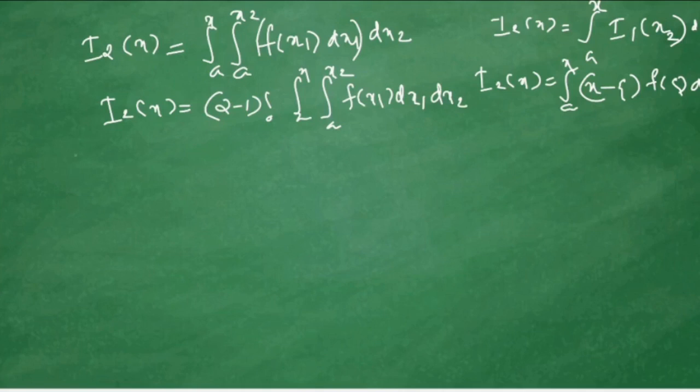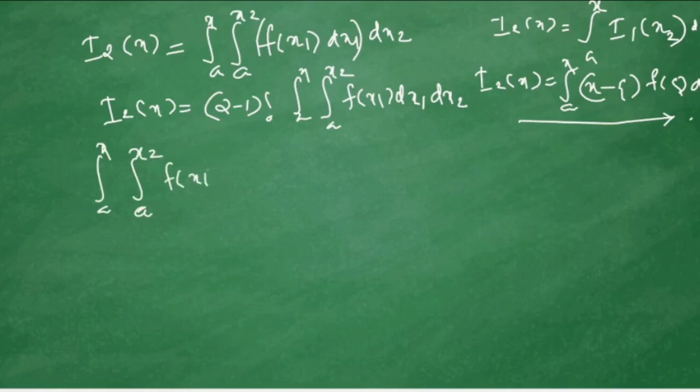Now what is I2 of x? By definition I2 of x is this one. So we can write it as integral a to x integral a to x2 f of x1 dx1 dx2.